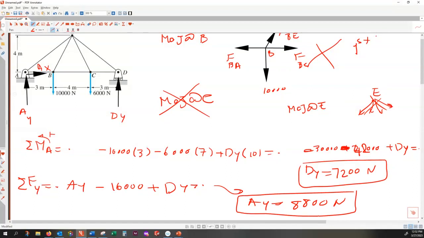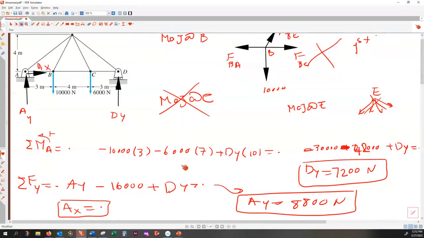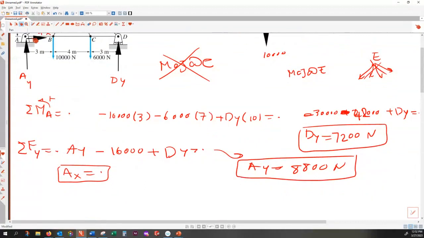All right. And what about AX? AX is 0 because that is the only horizontal force, right? There is no other horizontal force. Now we could start with method of joint at A, can't we? If AY is known, I could do the method of joint here, applying this force here, and this force.